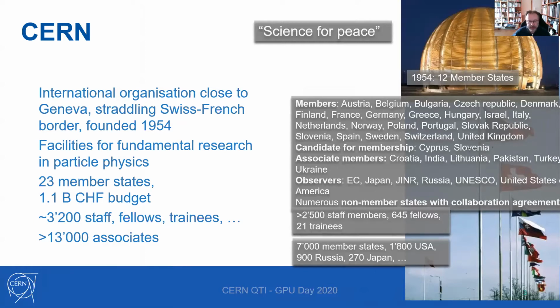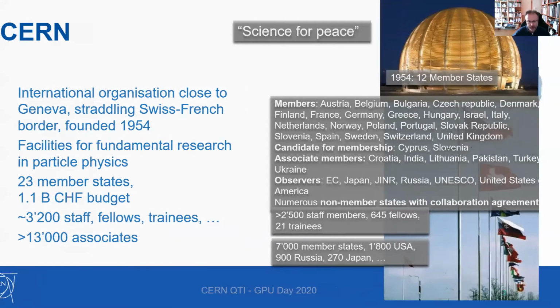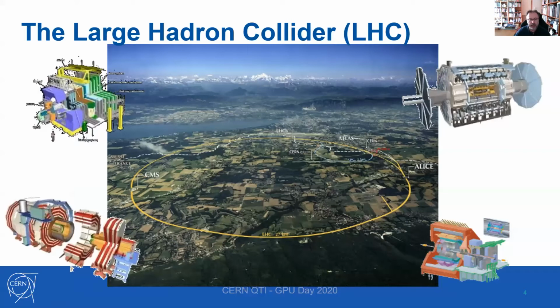CERN manages the accelerator, and the accelerator is used as an international facility for collaborations, the experiments, using it as a tool, as an instrument for fundamental physics research. And today, the main accelerator is the LHC accelerator. There are 4 experiments: Atlas, CMS, LHCb, and ALICE, performing different types of observations using the LHC.